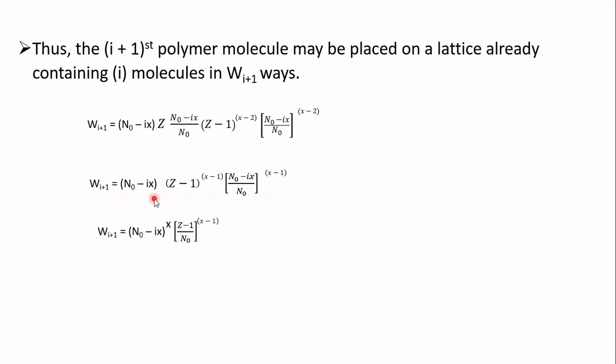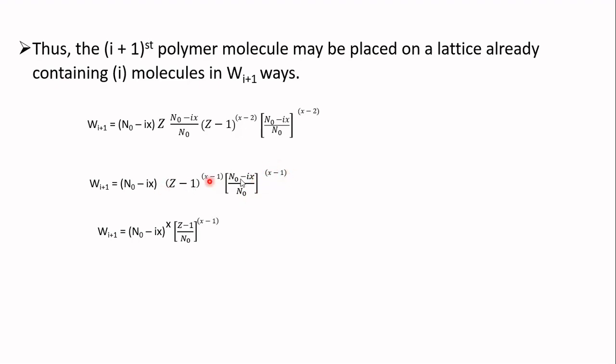In this equation, there is (N0 minus Ix) to the power 1 and (N0 minus Ix) to the power x minus 1. On simplifying these two, we will get (N0 minus Ix) to the power x, and here (z minus 1) to the power x minus 1, and 1 over N0 to the power x minus 1.